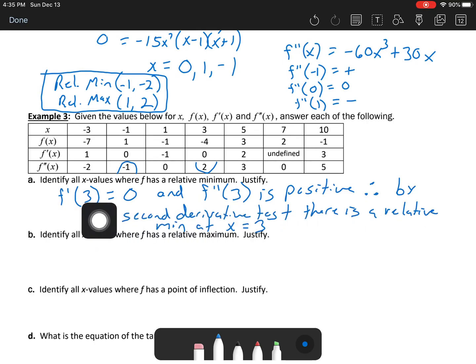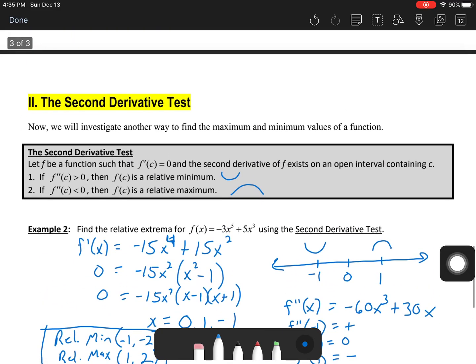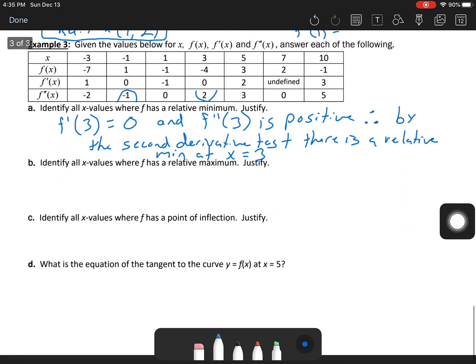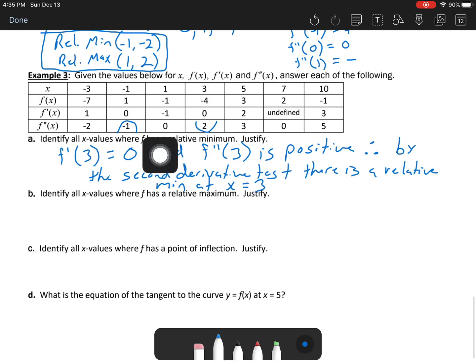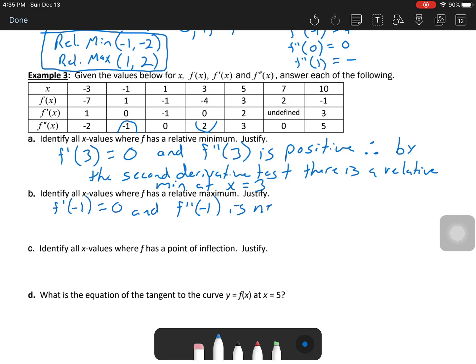Okay, so by the second derivative test, because the first derivative is 0 and the second derivative is positive, we have a relative minimum. And then for our maximum, we kind of saw that already. f prime of -1 equals 0, and f double prime of -1 is negative.